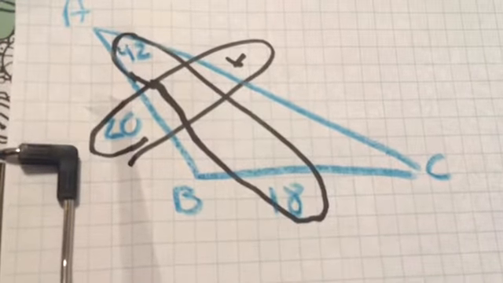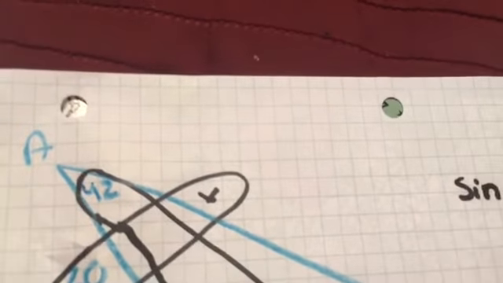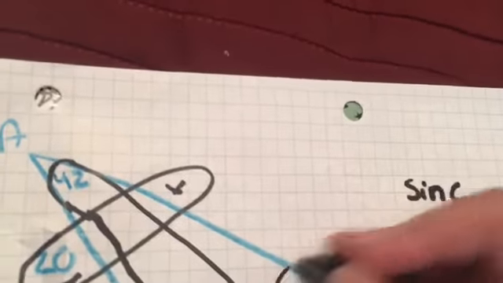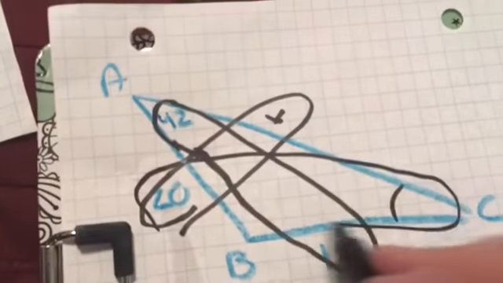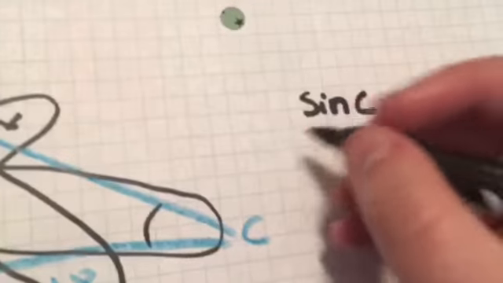So now you're going to move over and do your sin C, because we want to find what this is here, not this. We want to find a degree to every number. So it would be sin C, if that makes any sense.